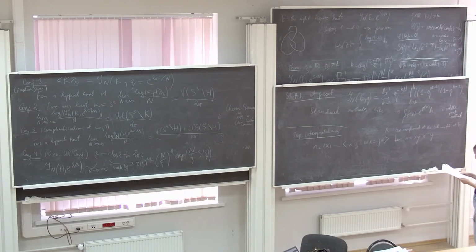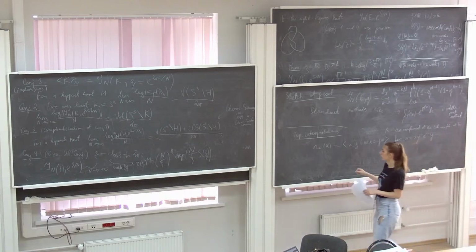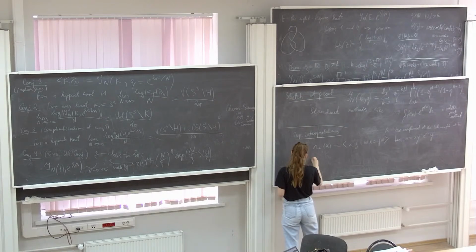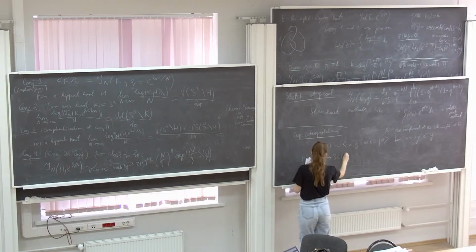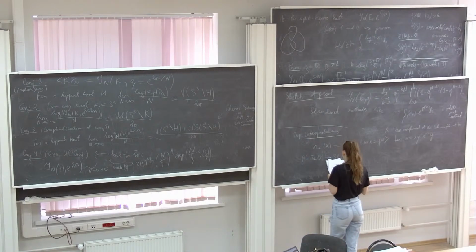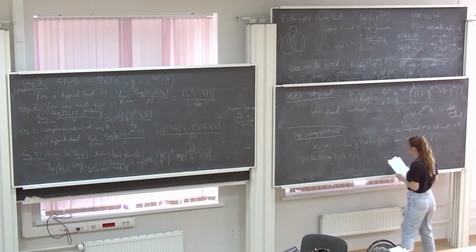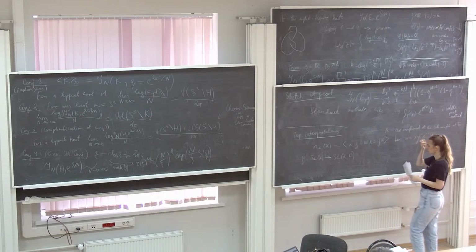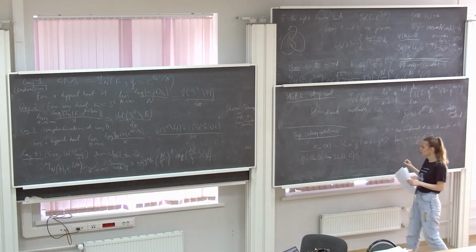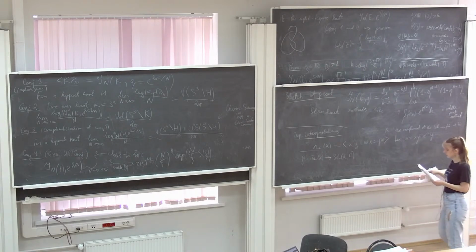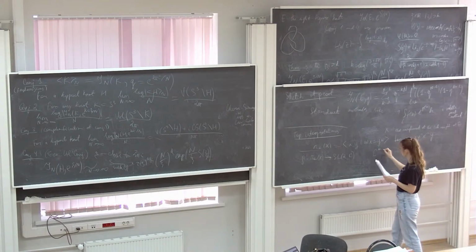If we consider some representation, then we can consider the following chain. This is a general construction.